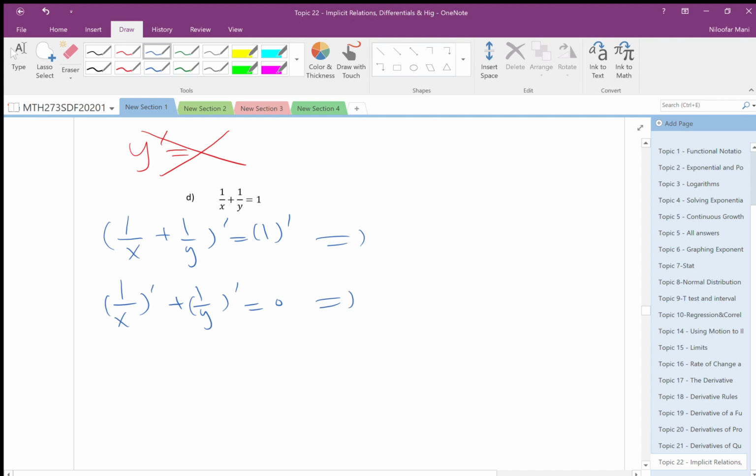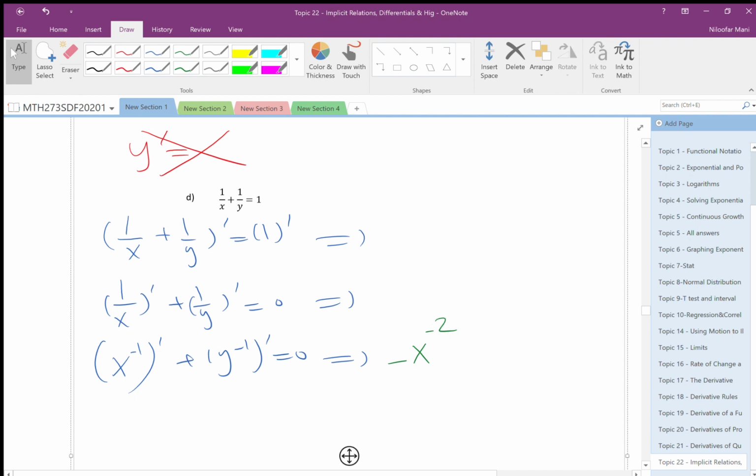So for first one, it is x power minus 1 plus y power minus 1, this. See, I want to show you just step by step. Okay, so what is derivative of that? Derivative of that is minus x power minus 2.